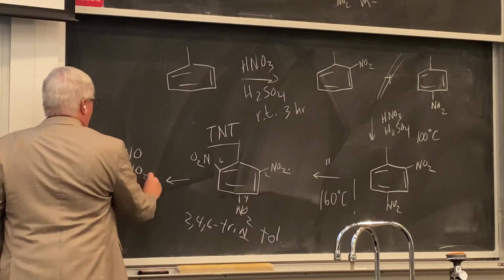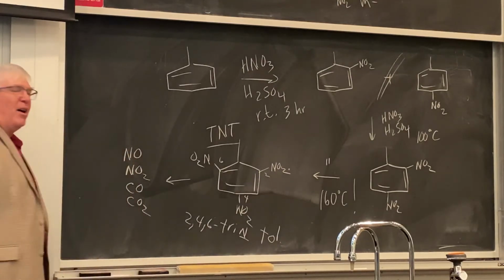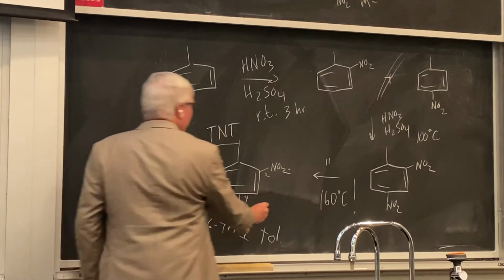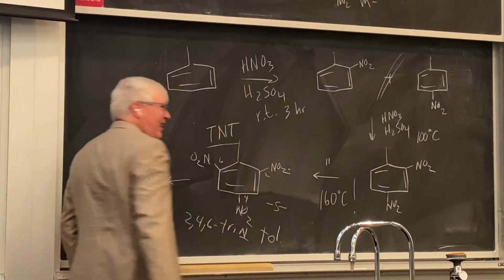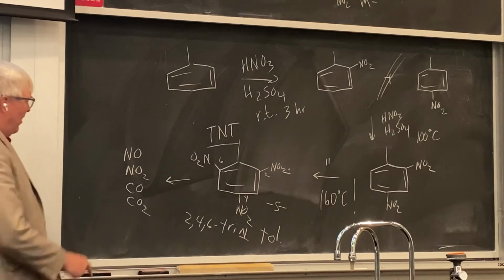NO, NO2, CO, CO2. You've got a lot of oxygens and nitrogens on there. Let's see, what's the physical state of TNT? Yes, it's a solid material. It can be formulated into things like dynamite and other explosive materials. And then what? If the shock is applied to the system, it produces these 4 compounds, among others.